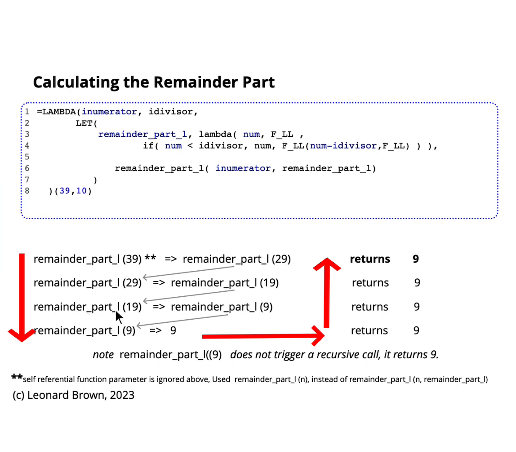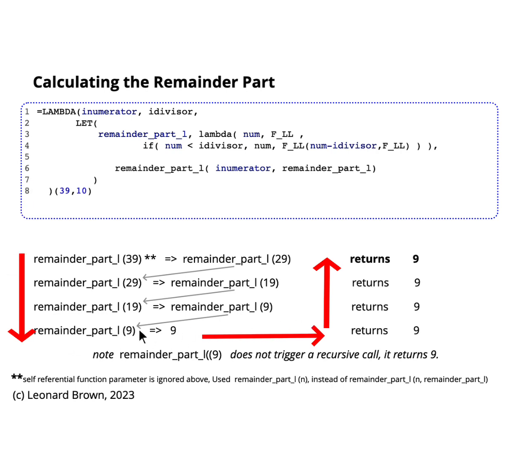Remainder part of 19 is still greater than the denominator 10, so we call remainder part of 19 minus 10, which is 9. Now at this point, the numerator is less than the denominator, so we return the numerator, which is 9.